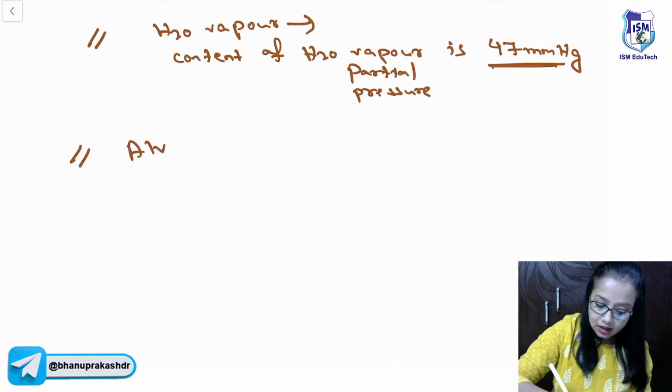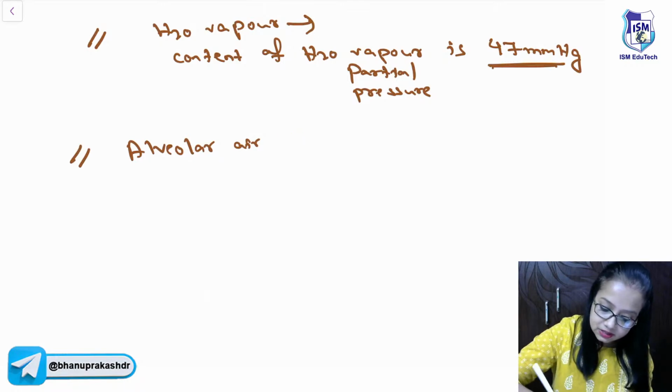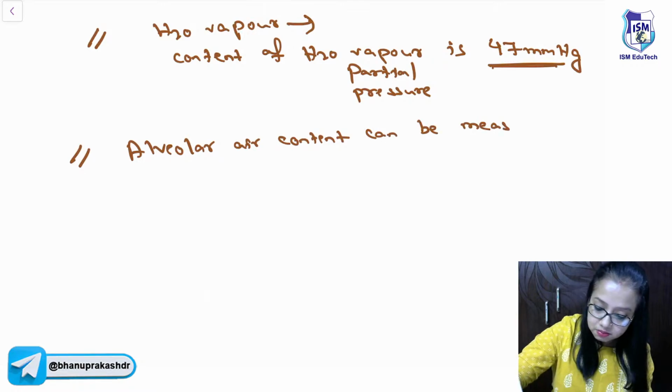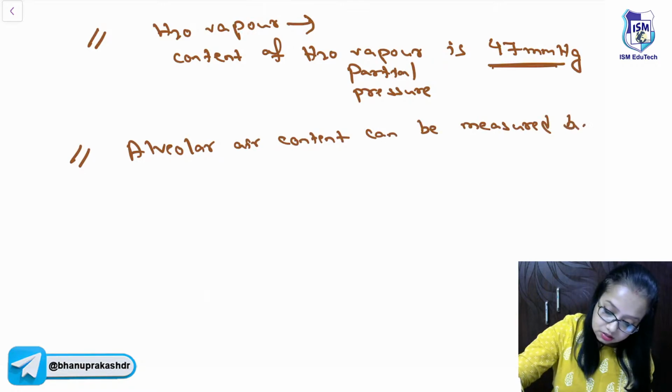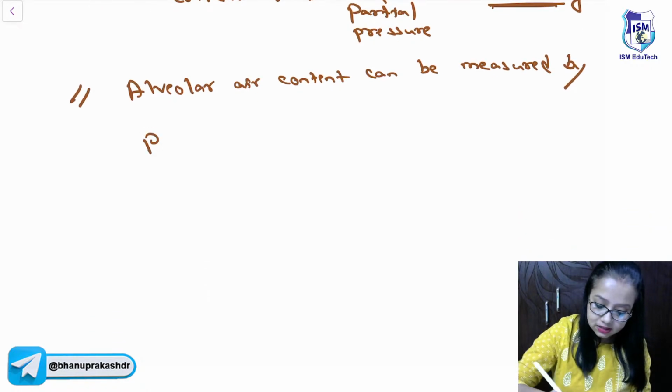So the alveolar air content, depending on partial pressure, can be measured by the following formula, which is the partial pressure of the barometer minus the partial pressure of the water.